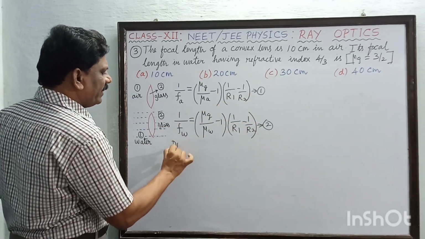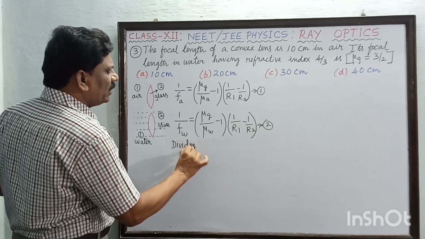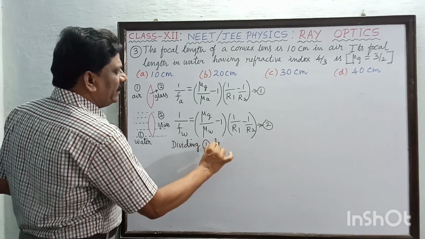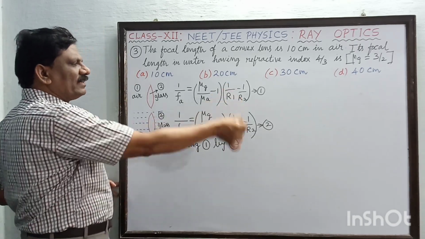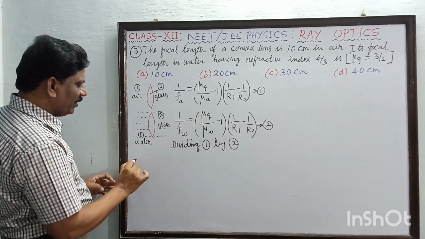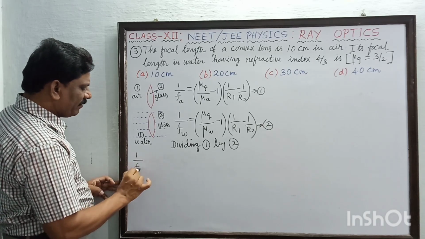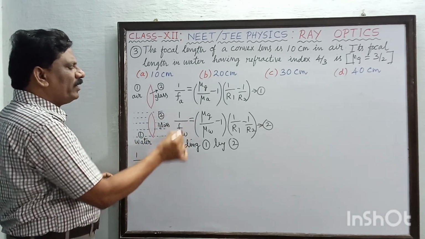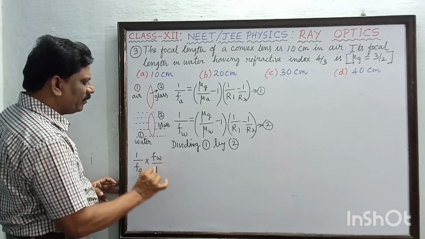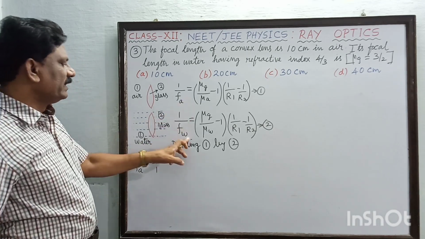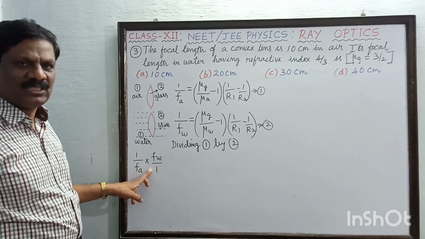So dividing equation 1 by equation 2, these two factors get cancelled. And the left hand side will become 1/f air divided by 1/f water, which is f water divided by f air. So the division can be represented by multiplication also.